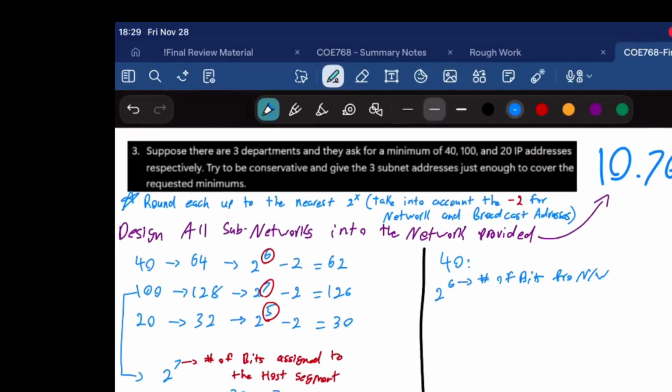And here we will add on to what is previously assigned. So this is the last broadcast address of the previous network. Therefore, when we go into the new network, we want to make sure that we're not overlapping with the previous range that we have assigned. And so we would start from this plus 1.